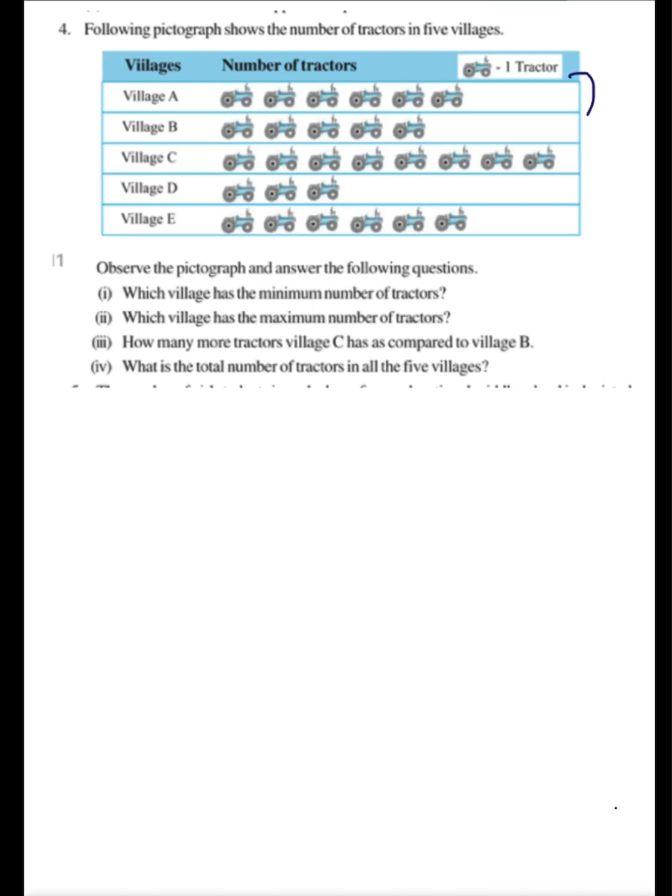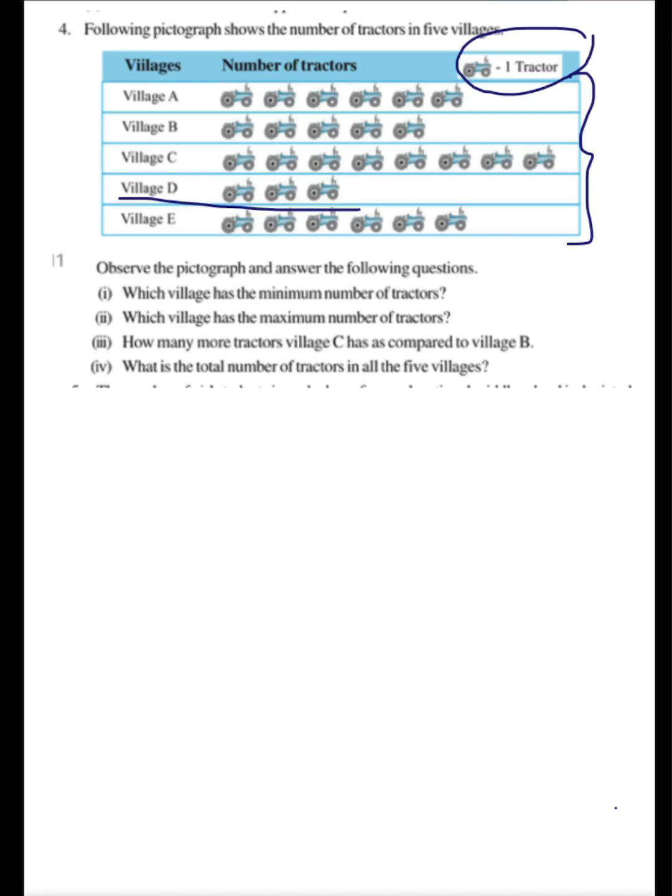By observing this pictograph you can see that the minimum number of tractors is there in village D. Here in the pictograph you can see that one picture represents only one tractor.